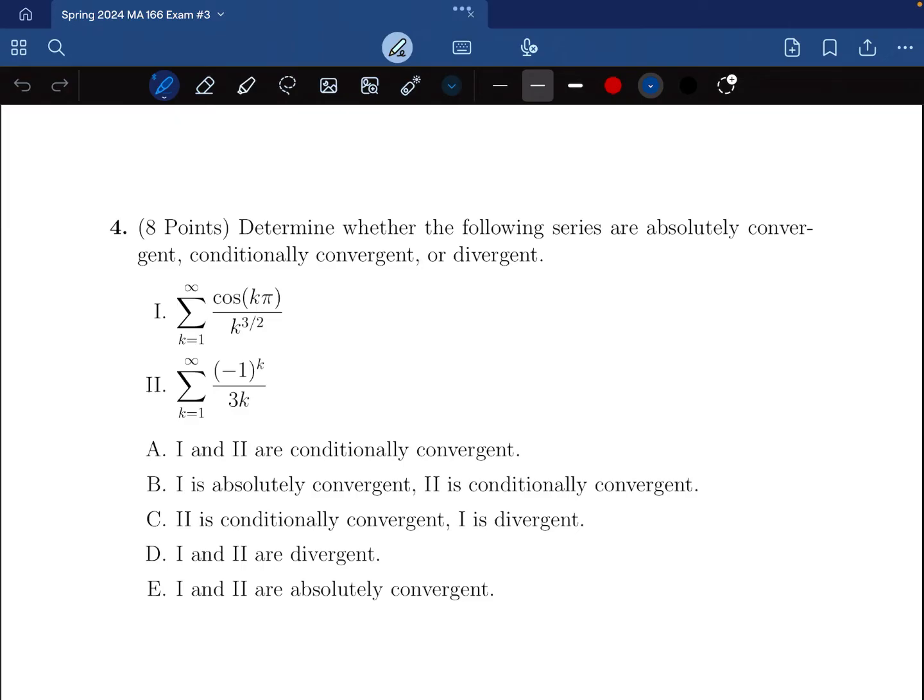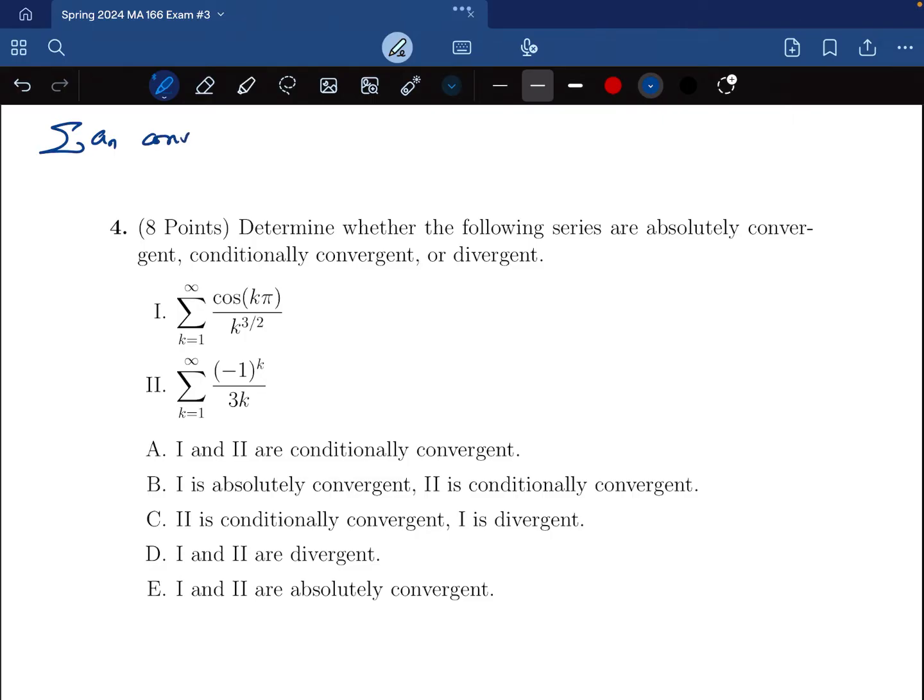What is the difference between absolutely convergent and conditionally convergent, though? Suppose we have a series, the sum of an.